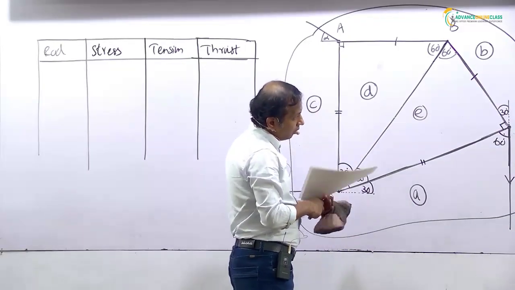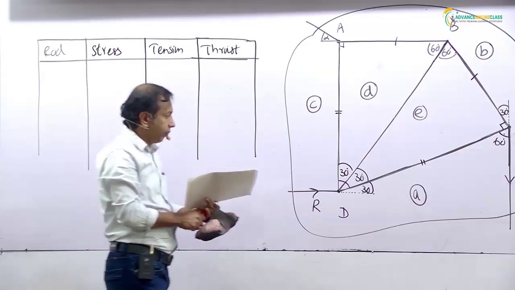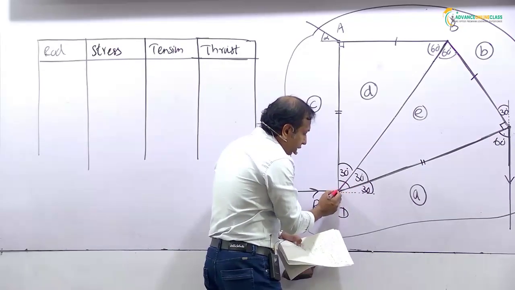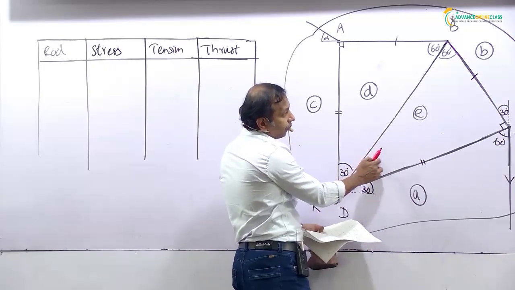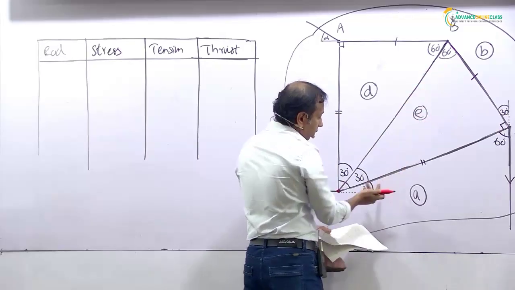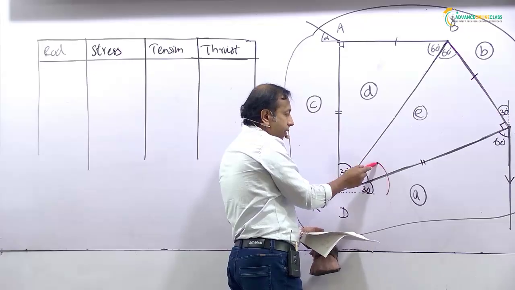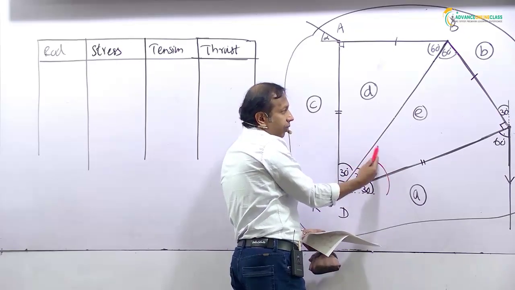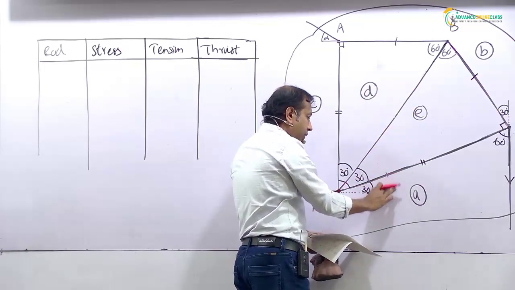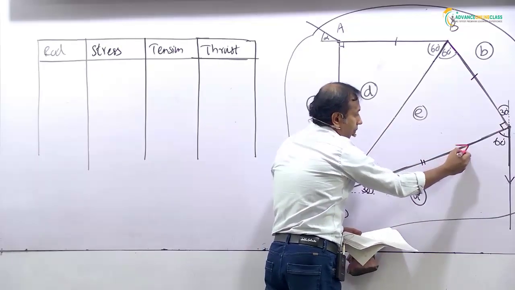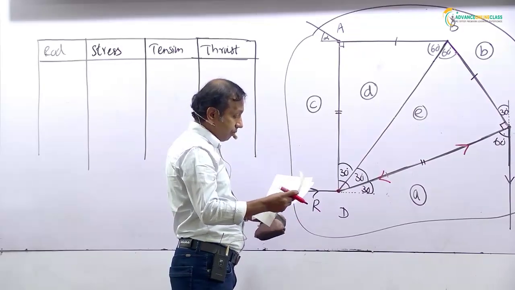Here, we'll mark the tension and thrust. When you go to joint D, rotate anticlockwise: AE this way. This rod's stress is given by AE, the rotation this way. Look there, AE this way, then must have it like this. That is a thrust.